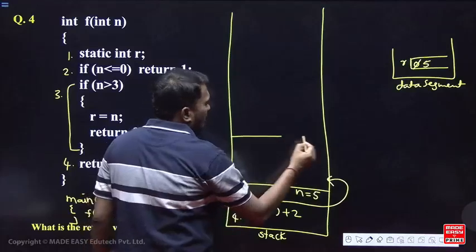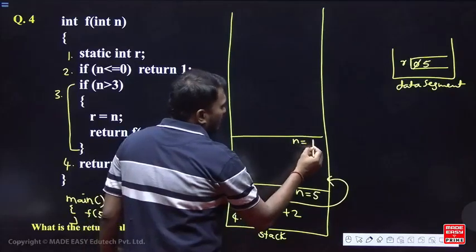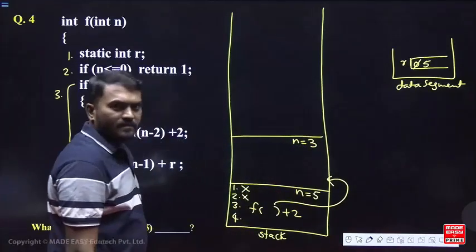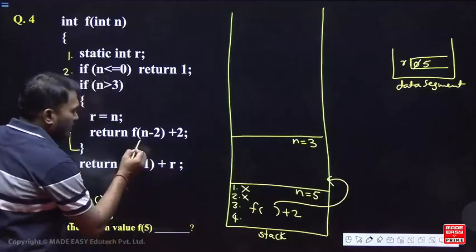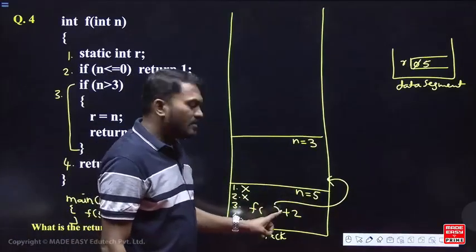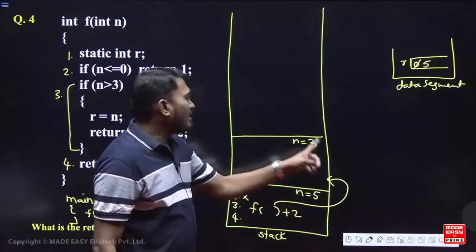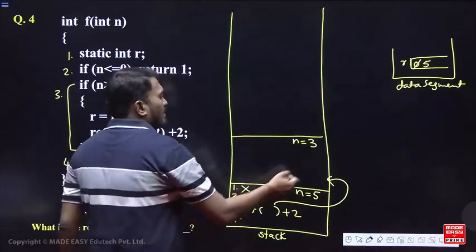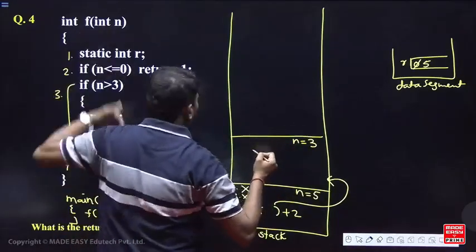So it is calling f of 3. You are passing n value as 3 here, recursively calling the same function.